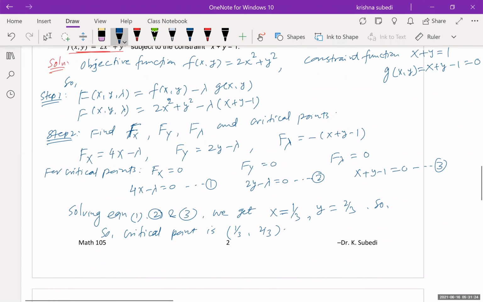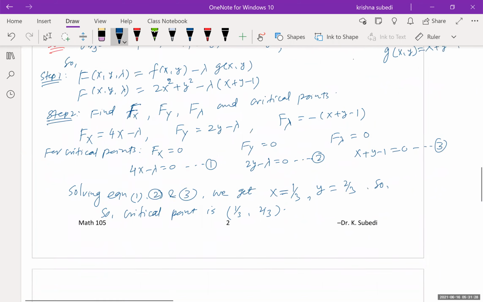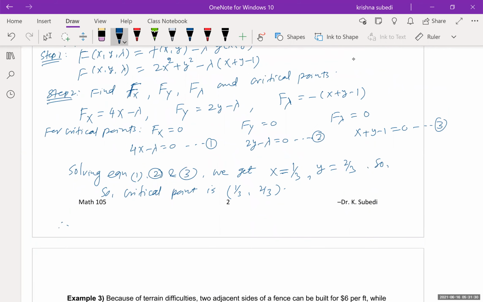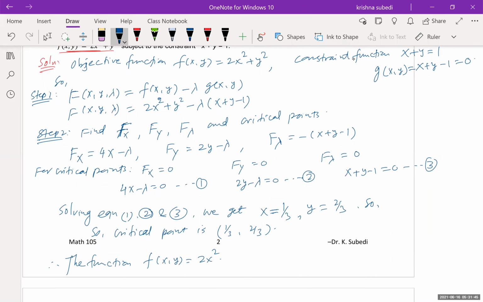Now, the question is, find the relative minimum. Okay, let us find the minimum value. So what it means is, the function f of x, y equals 2x squared plus y squared has a minimum at 1/3 and 2/3.